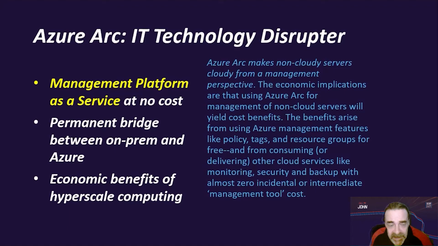Azure Arc represents a permanent bridge between on-prem and Azure resources, and it allows your on-premises environment to enjoy the economic benefits of hyperscale computing, as Microsoft has essentially perfected in the Azure cloud.